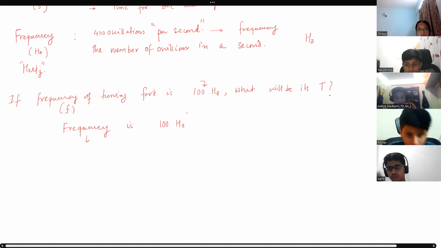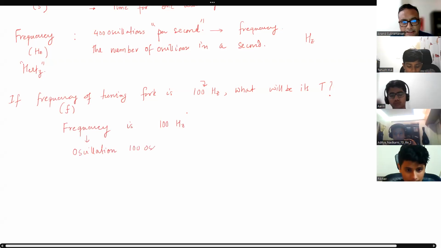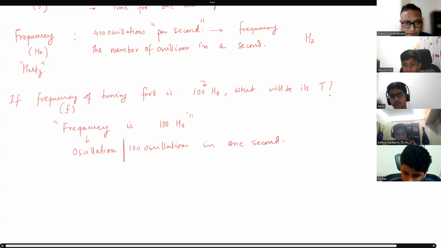Oscillations per second. That means the tuning fork is having 100 oscillations in 1 second. When we say frequency is 100 hertz, we are telling that this tuning fork is having 100 oscillations in 1 second.